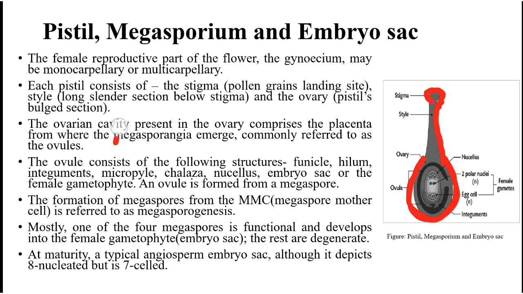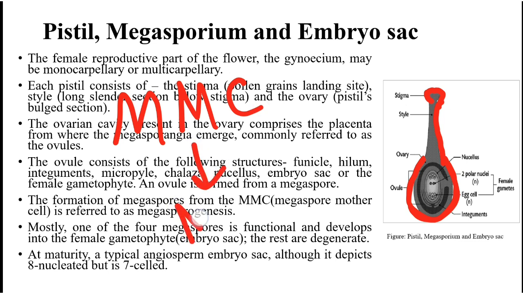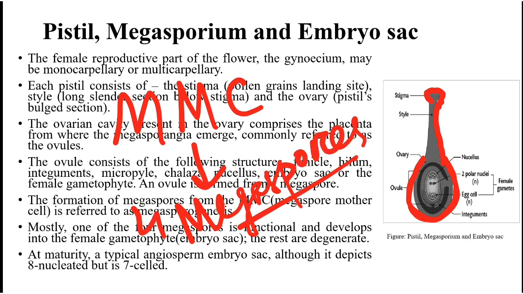So from the megaspore mother cell, by the process of meiosis, 4 megaspores are formed, from which 3 degenerate and 1 functional megaspore forms the complete embryo sac or female gametophyte.